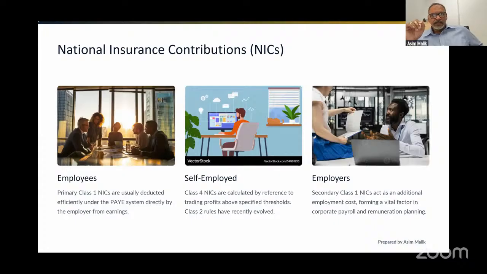Now, NI, national insurance. Broadly speaking, national insurance is a tax, but the origin of that one is not a tax. It started after World War Two to contribute towards the pension cost and mainly to fund the national health system.